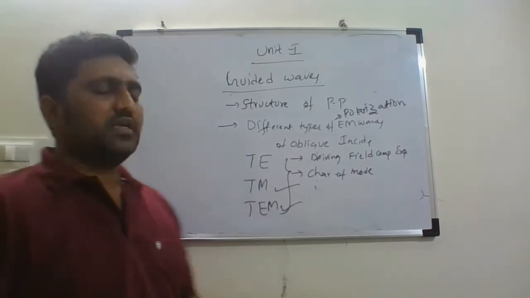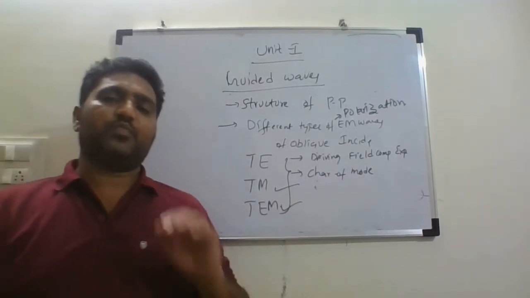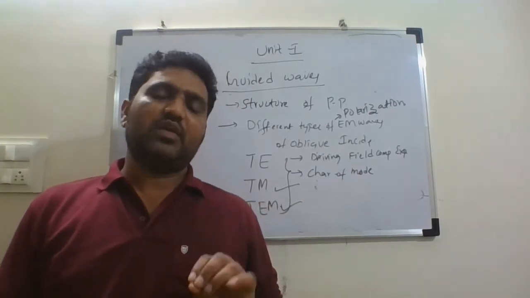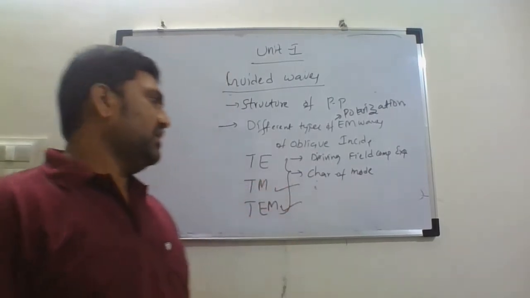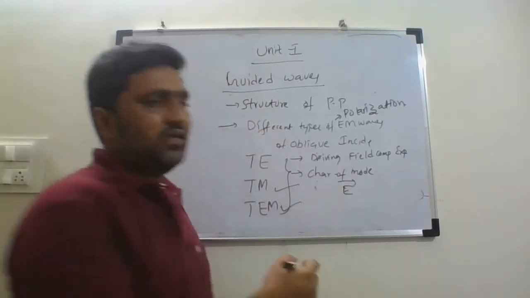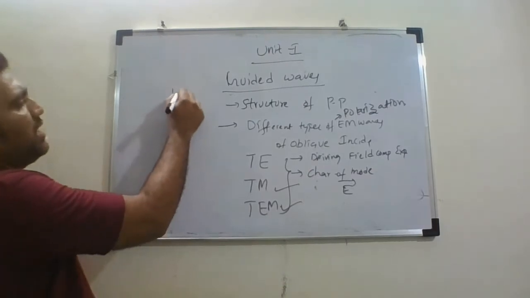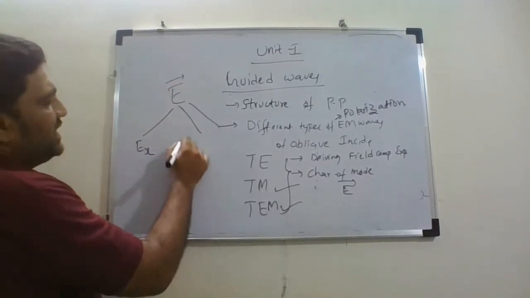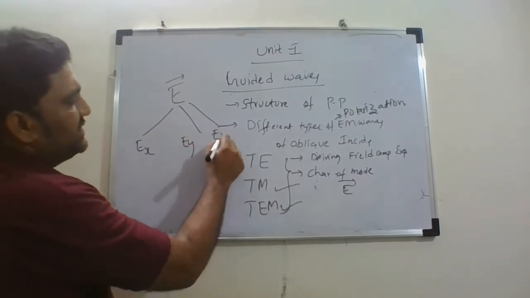So in each case, we will first derive the expressions for field components. What field components exist? For example, if I take the electric field, and consider an unbounded electric field, it will exist along the x-axis, along the y-axis, and along the z-axis, isn't it?